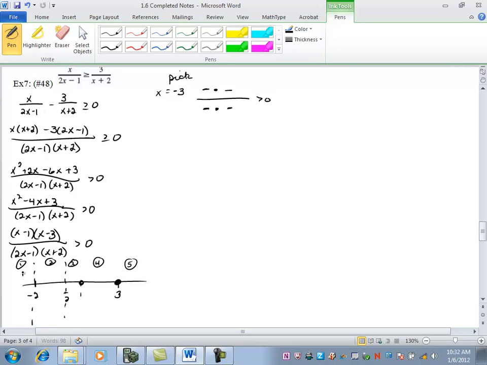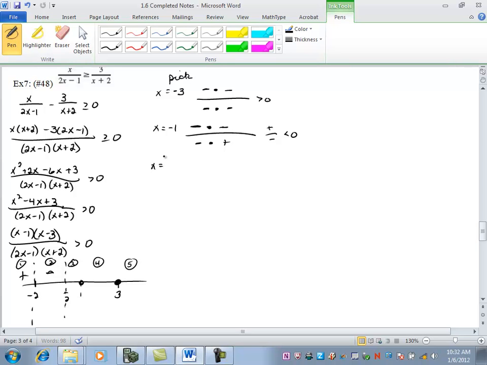This is going to be greater than 0. Let's pick x equal negative 1. This will be negative times a negative over a negative times a positive. Well, this is a positive over a negative, which is going to be negative.